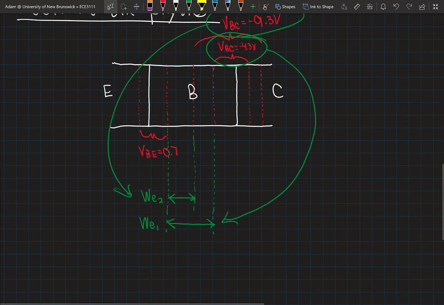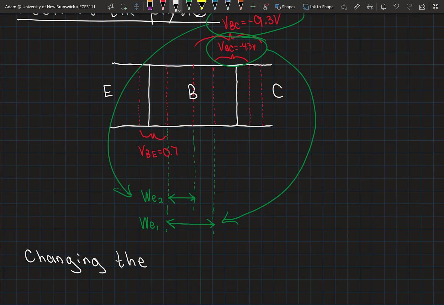Okay, so now we see that this changing of the reverse bias is going to have an impact on the effective base width of the BJT.